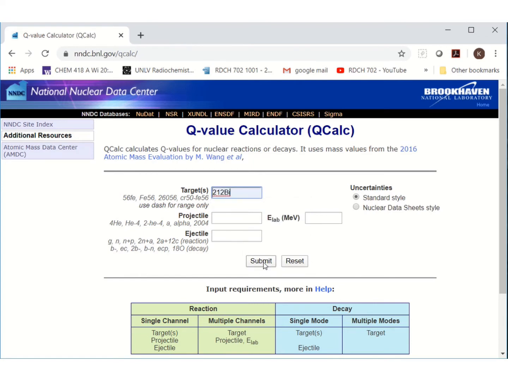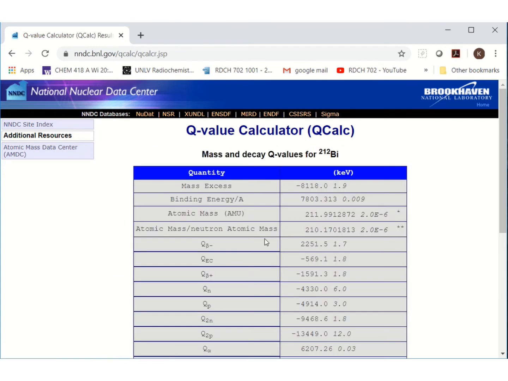If I just take an isotope and submit it, I will get the mass excess information for that isotope, the binding energy, the atomic mass, and then the atomic mass divided by the neutron atomic mass, and then the Q values for the different decays.